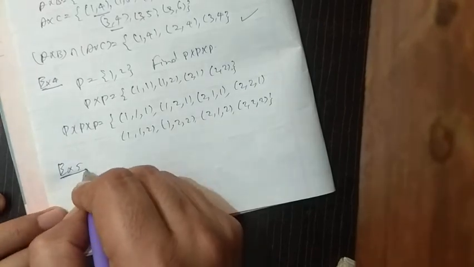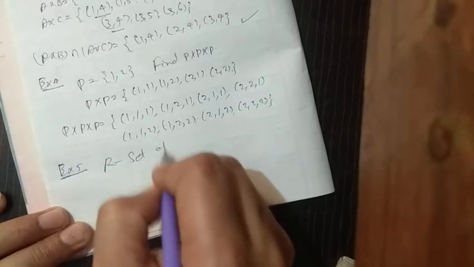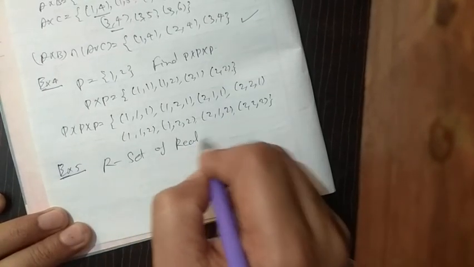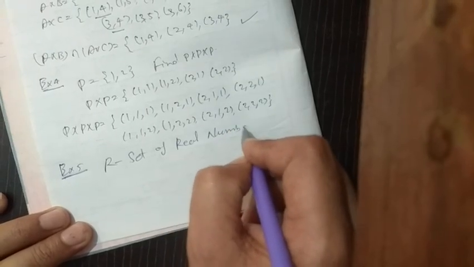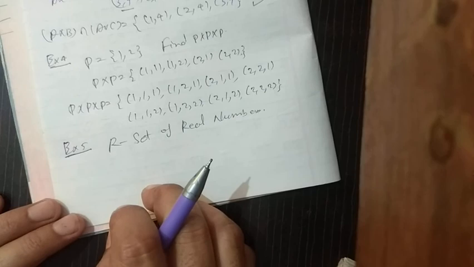In example 5, if R is the set of all real numbers, then what is the Cartesian product R cross R?